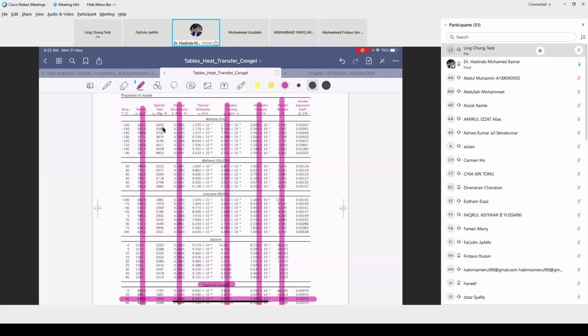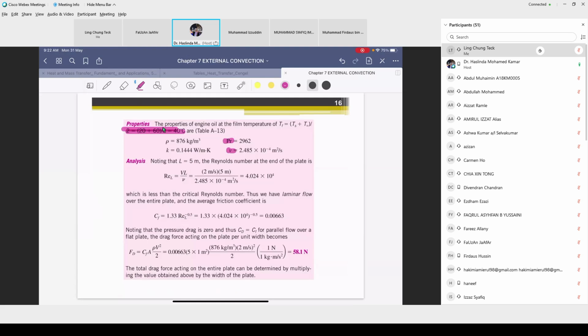You can find them in this table. So after knowing all those data, you can calculate your Reynolds number. This is the entire plate Reynolds number. It is 4.024 times 10 to the power of 4.